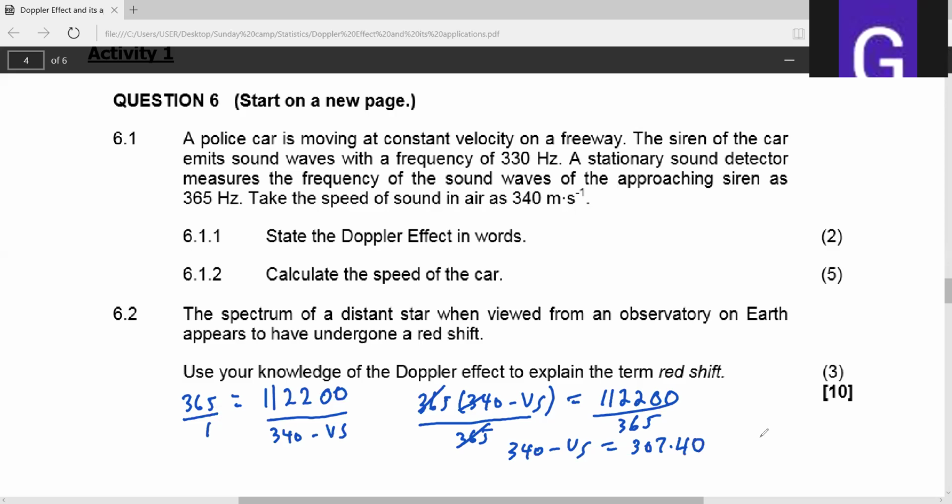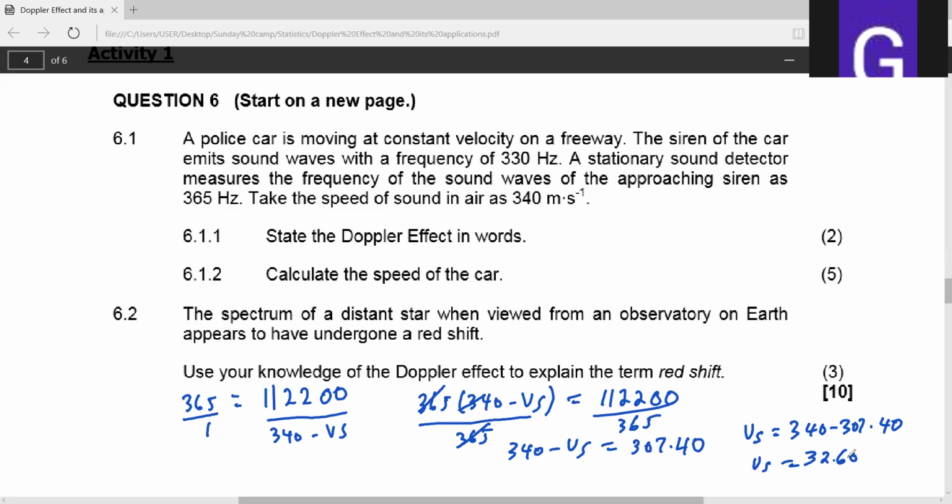Then let's make Vs the subject. So Vs will be 340 minus 307.40.